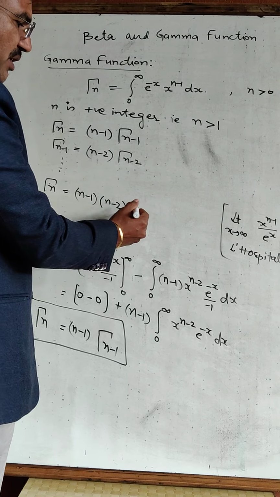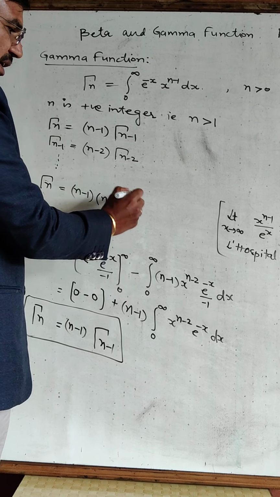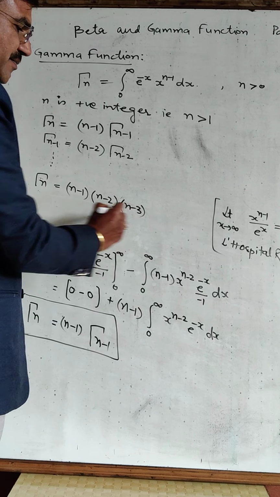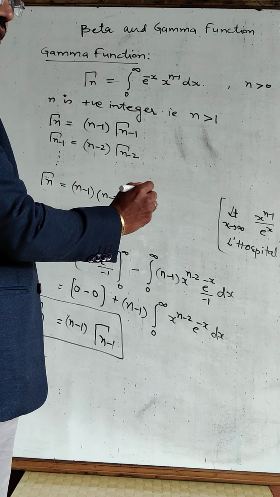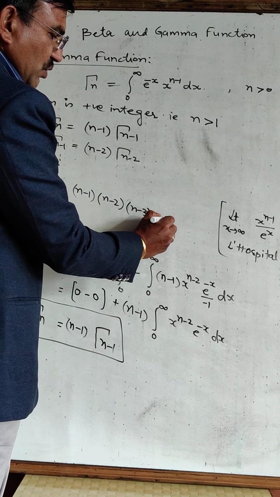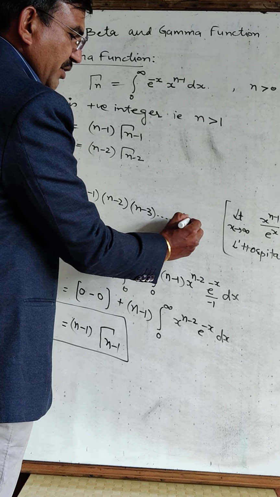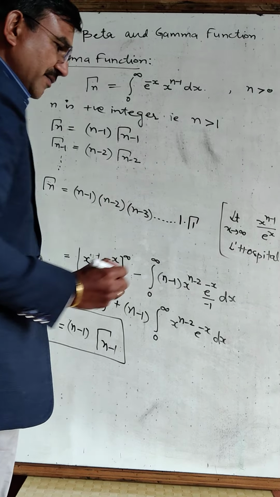Again we will put the value of gamma n minus 2, it would be n minus 3 gamma of n minus 3, and so on. At last we will come to the point 1 into gamma of 1.